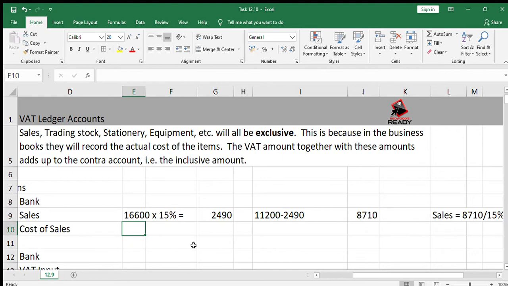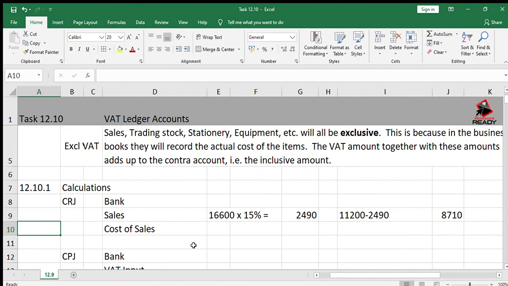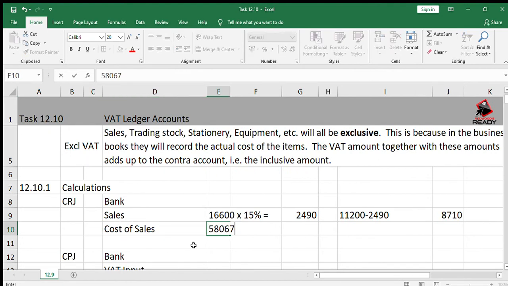We can now work out the cost of sales. So I'm going to take my answer for sales, 58,067. Sorry, it's all over the place here. We're going to calculate it using the markup of 33 and a third percent. So you're going to multiply it by 100 and divide it by 133 and a third. I'm just going to put 0.33 here. Okay, and we're going to calculate that answer.